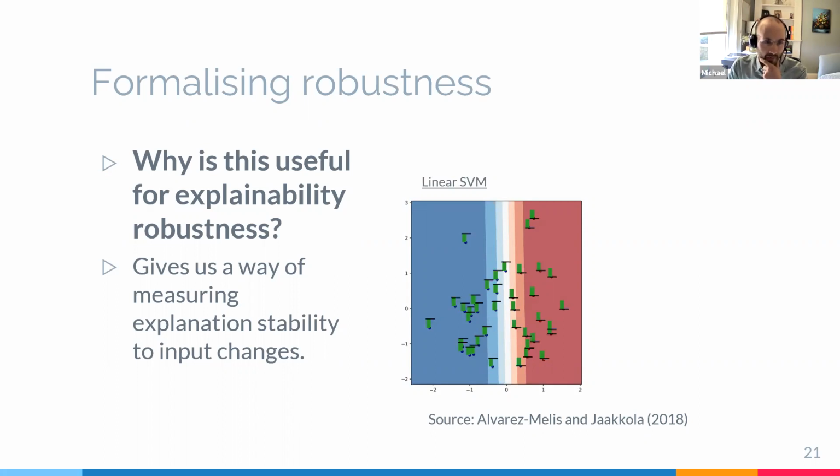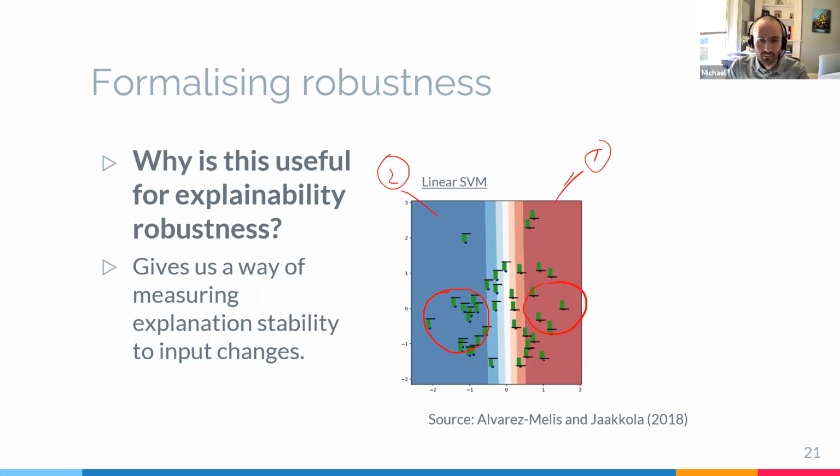Again, the background colors represent the two classes. Let's call that class 1 and that class 2. We've got points here with these bar charts, which are the explanation for that result. I think this is actually using LIME behind the scenes. But we can see the explanations are quite stable here. If we look at a particular region, all the explanations are identical in our region 1.